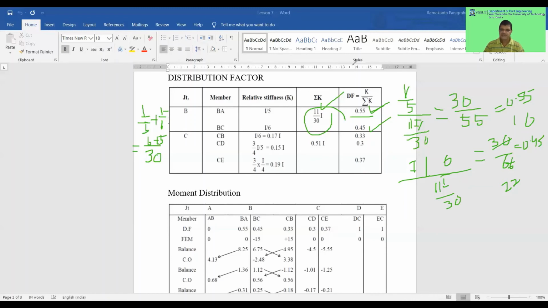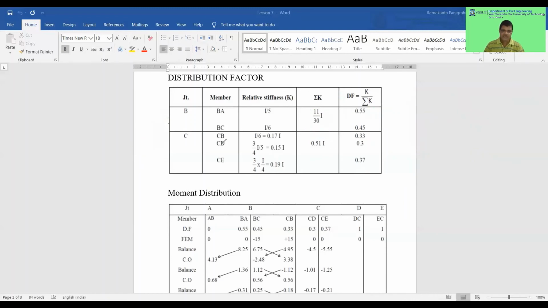Right? Now let us come to this joint C. In joint C, we have the three members: CB, CD, and CE. Now we can put I by 6 for span CB. For span CD, it is taken as 3 by 4, and also CE taken as 3 by 4. Why is it being taken like that?